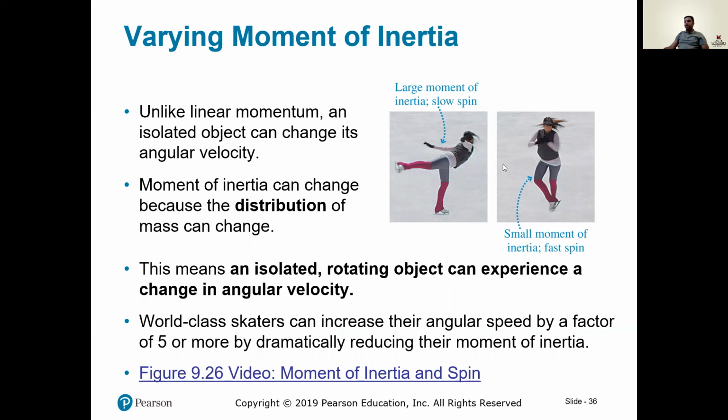So, varying moment of inertia: here you can see a ballet dancer or an ice skater, a figure skater, who can change the moment of inertia of her body, and thereby generate different angular velocities, right? This is a scenario, a geometry, with a different moment of inertia than this other scenario.